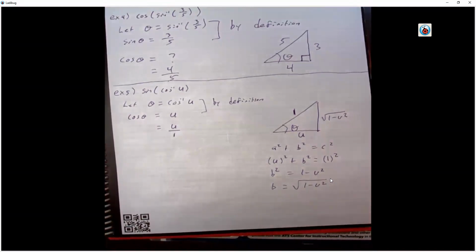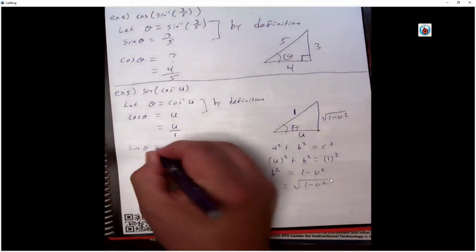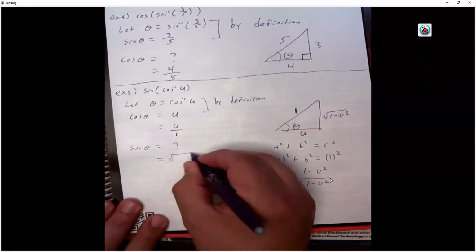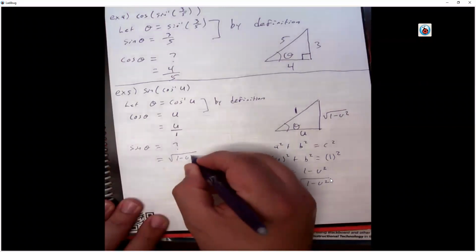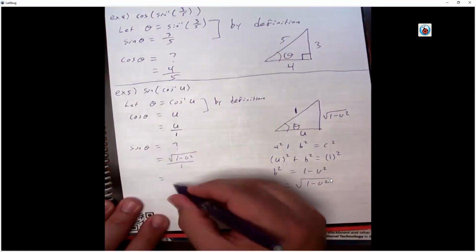Okay. So the question is really asking, what is sine theta, right? So sine will be opposite over the hypotenuse. And that's it. Any questions on this problem?